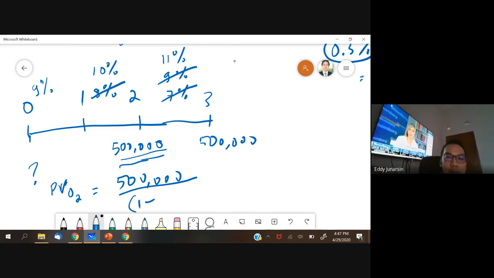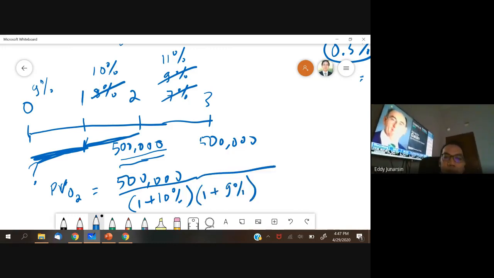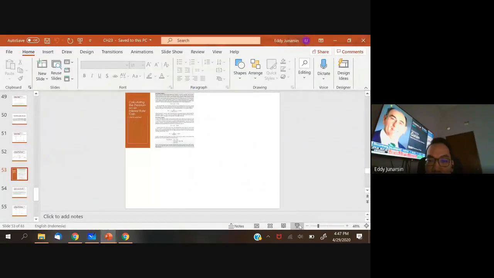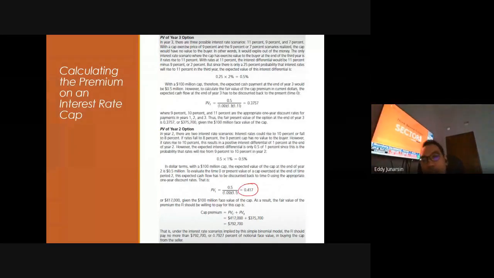From here to here at 10%, and then from here to here is 9%. And we will get 417,000.